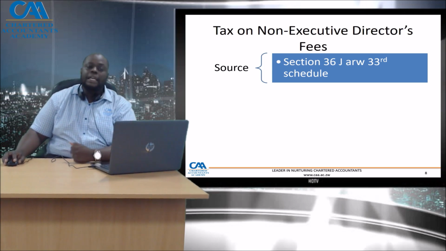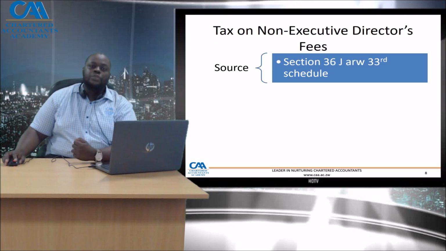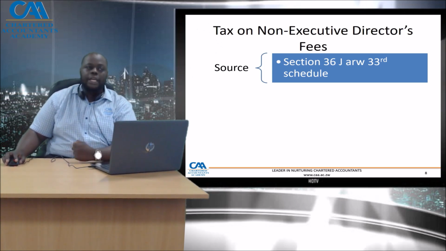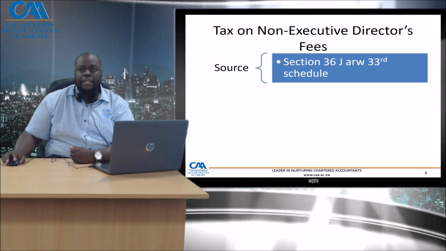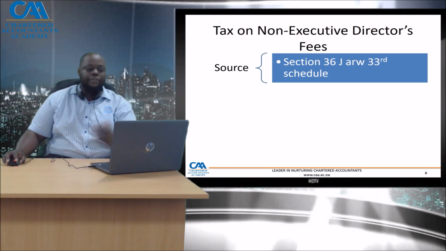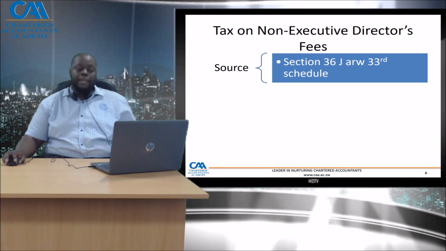Because they are not liable to pay as you earn. And that is what we term a non-executive director, someone who is not liable to pay as you earn. If they're not liable to pay as you earn and they only earn director's fees, they are now termed a non-executive director and will have a withholding tax that will be withheld from those payments.